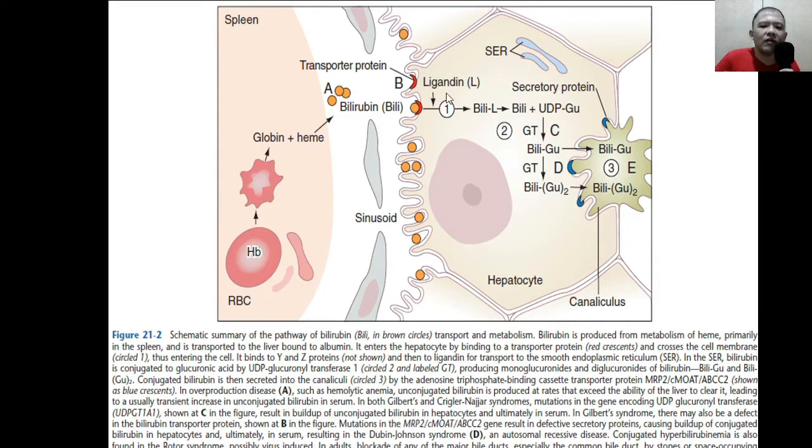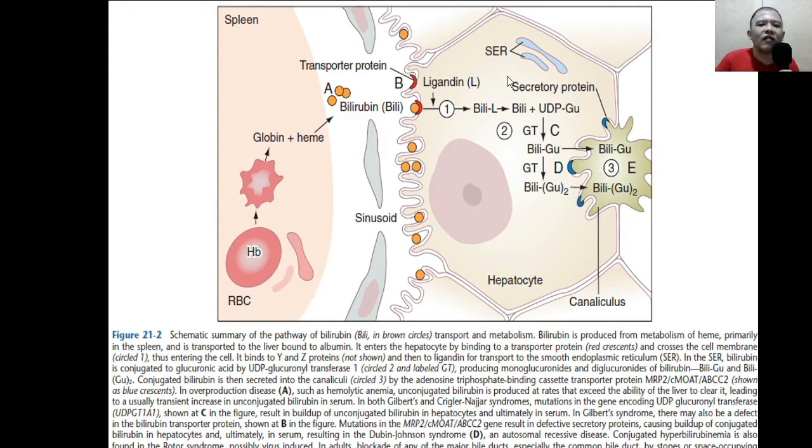You might be confused. We have two types of protein involved in this picture: the transporter protein and the secretory protein. In the future slides, I'm using the term protein transporter. So in order for you not to be confused, the protein transporter that I'm talking about is the secretory protein.